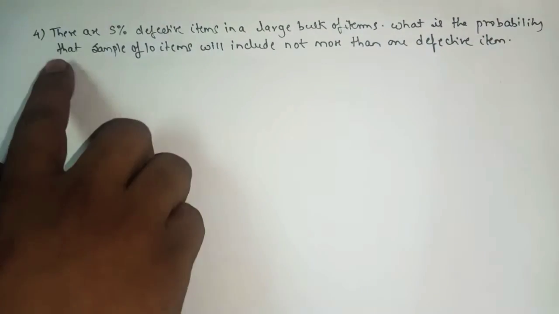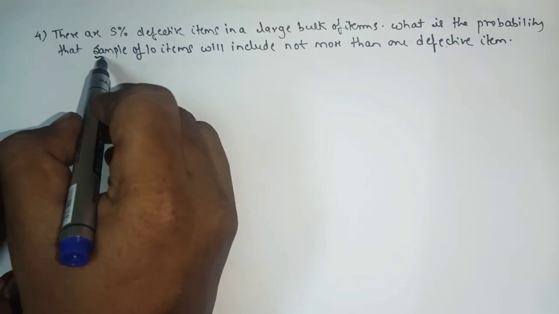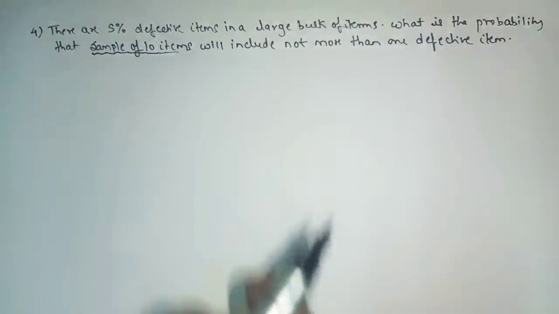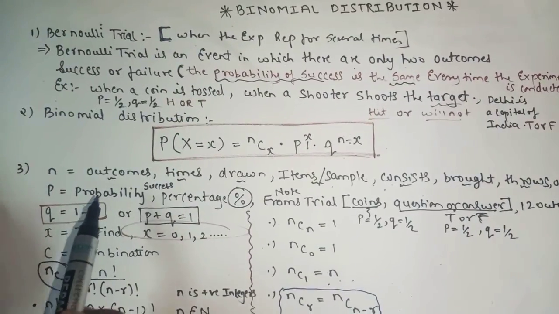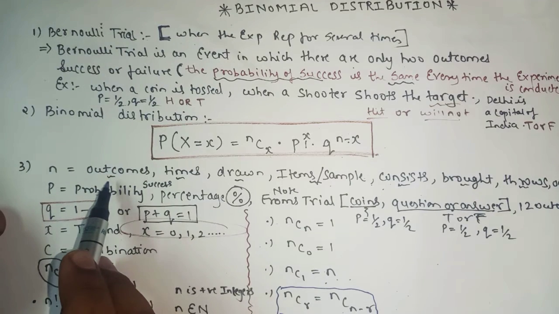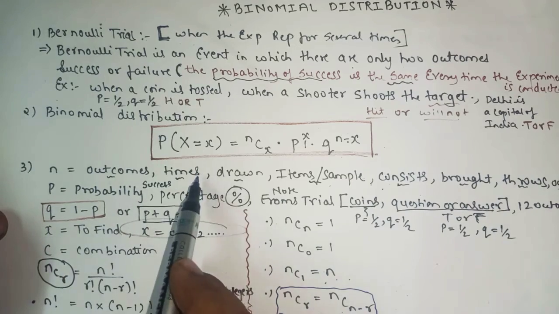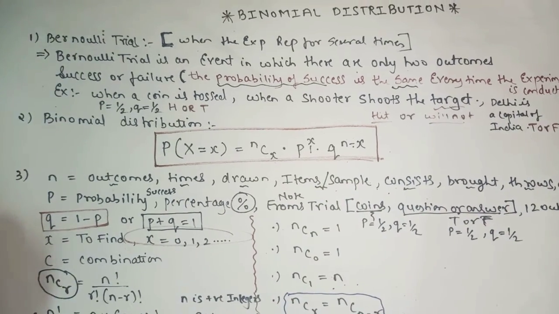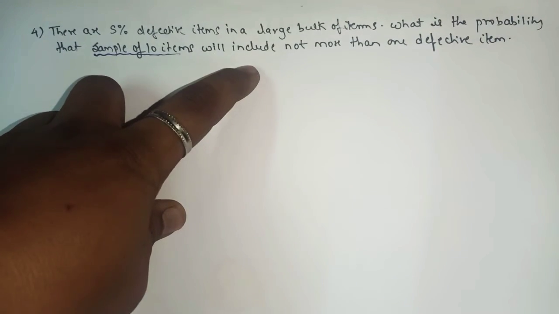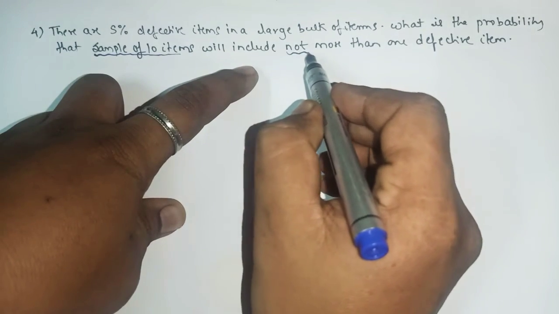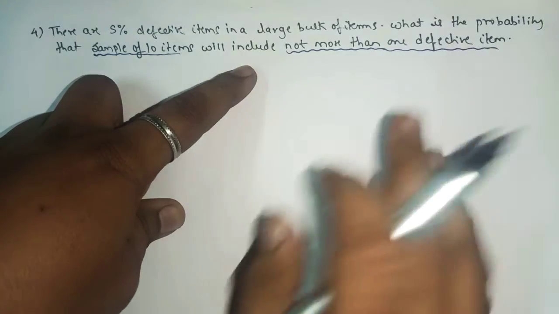What is the probability that a sample of 10 items will include not more than one defective item? Here the sample of 10 items, as I told in the first lecture, whenever words like outcomes, times, drawn, samples, items come in the statement, it means it is a value of n. So for this sum the value of n is 10.